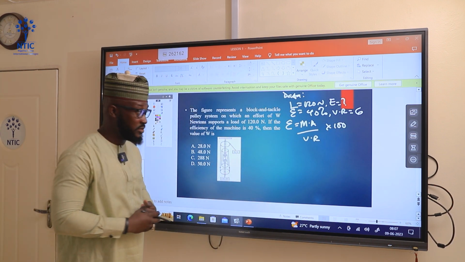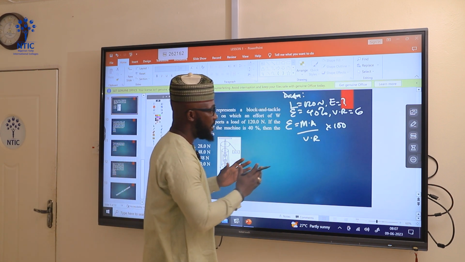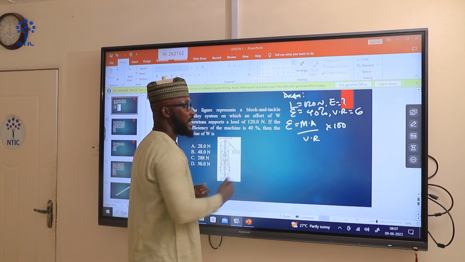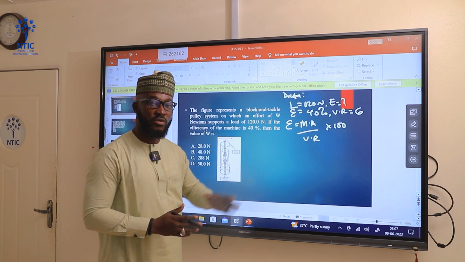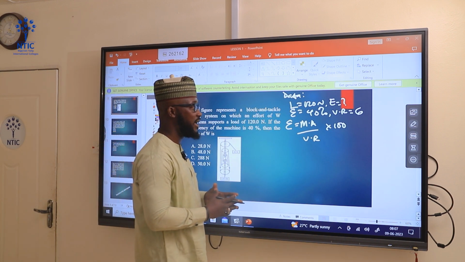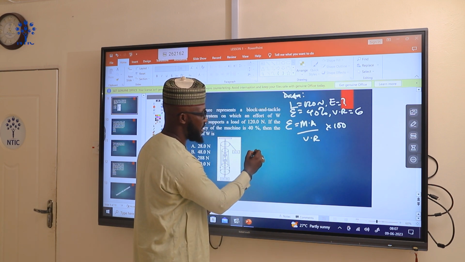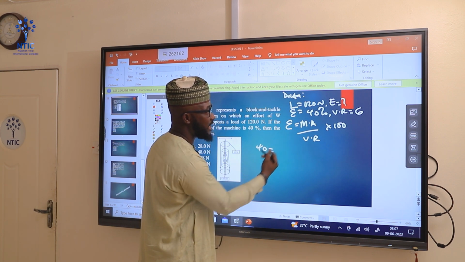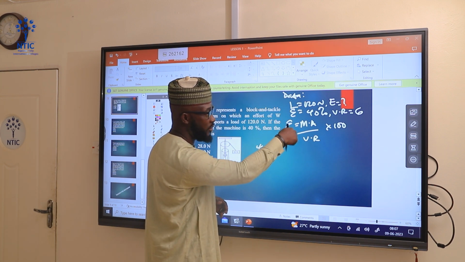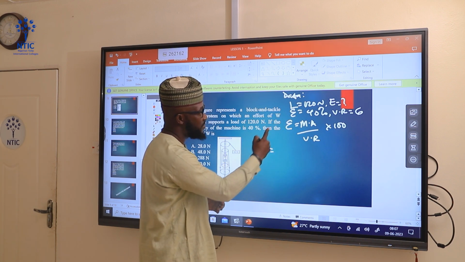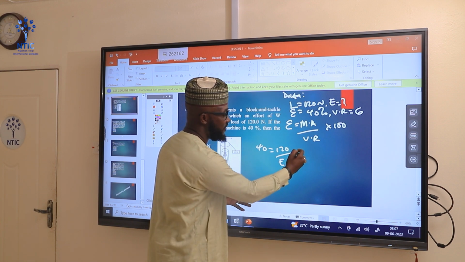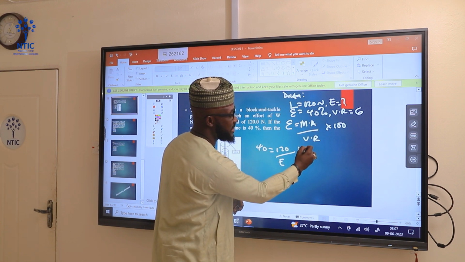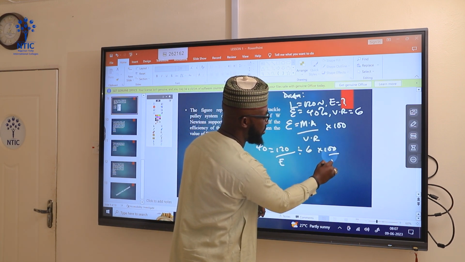We'll be using this equation to solve. Remember, mechanical advantage is simply given by the formula load over effort. So efficiency here is given as 40. We are going to break down this formula by taking load as 120 all over effort, which is unknown, divided by velocity ratio, which is 6 times 100 all over 1.